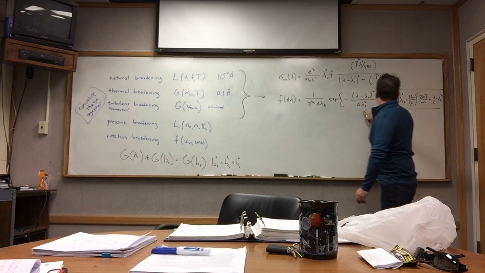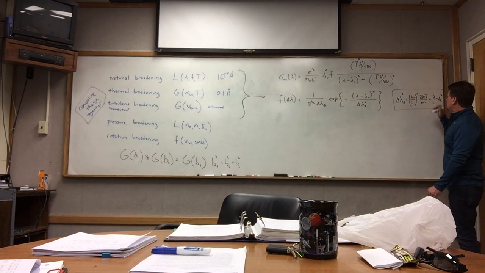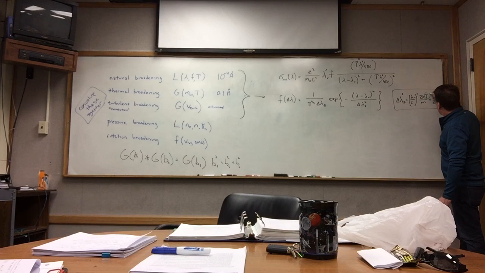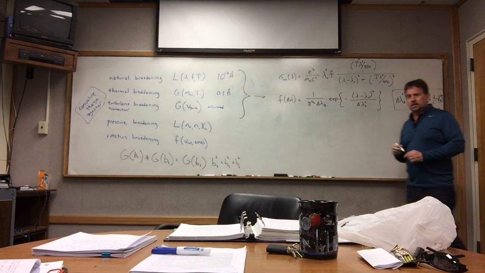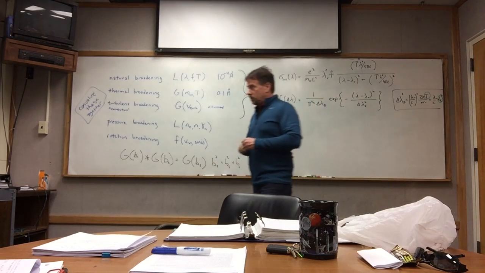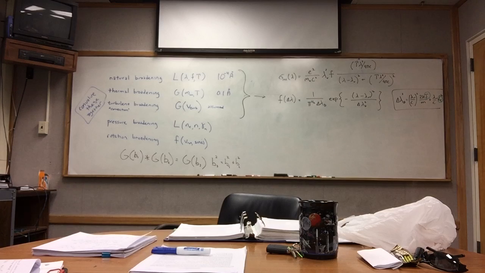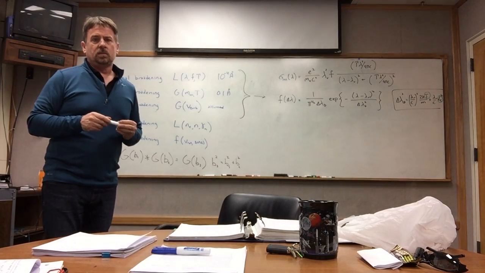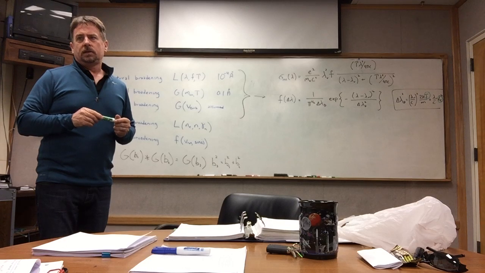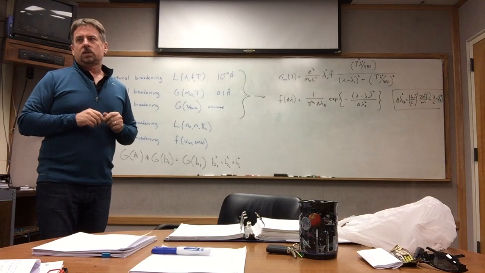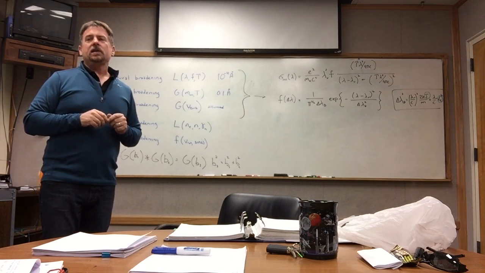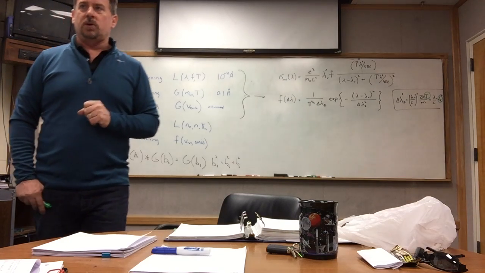This you can't calculate unless you know two things: the turbulent velocity and the temperature of the gas. Well, where do you get those? You don't. These are free-fitting parameters.